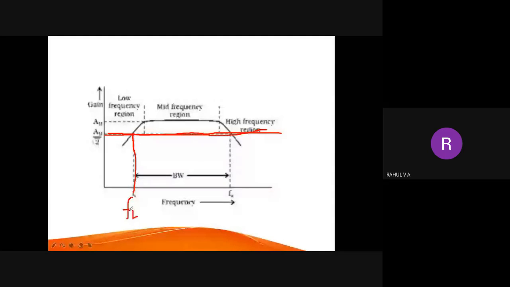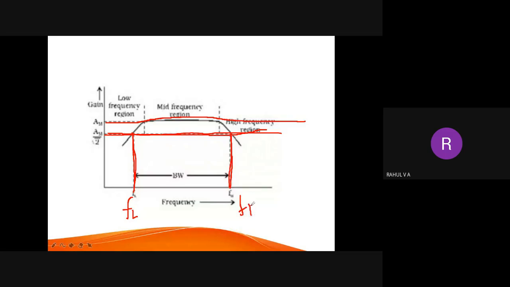From the peak gain, they have divided the peak gain by root 2 and drawn a line. From where that line touches this curve, we have drawn a line towards the x-axis that is marked as FL, the low frequency. The same line touches the curve on the opposite side, in the high frequency region, and that point is known as the high frequency, FH.